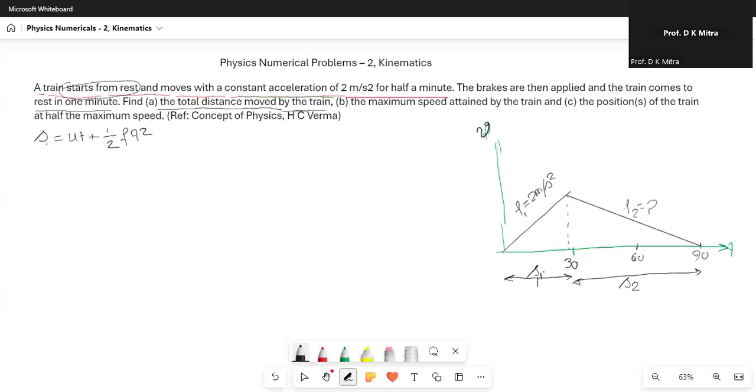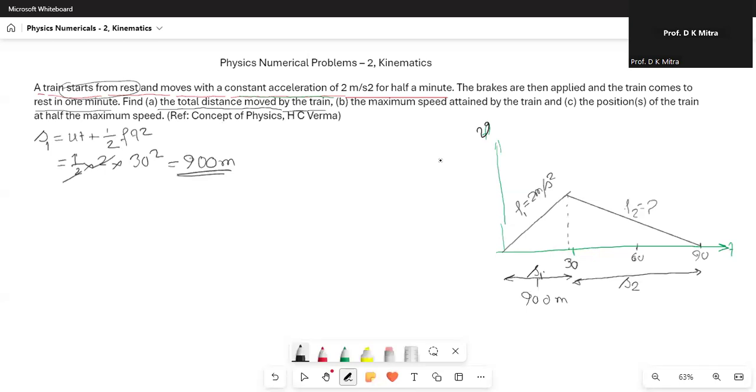So let us write here S1, this is equal to, u is 0, it starts from rest, so it is half, f is given as 2 meters per second square, 2, and time is 30 seconds, so it is 30 square. So these two get cancelled. So this is obviously 900 meters. So S1 is 900 meters.